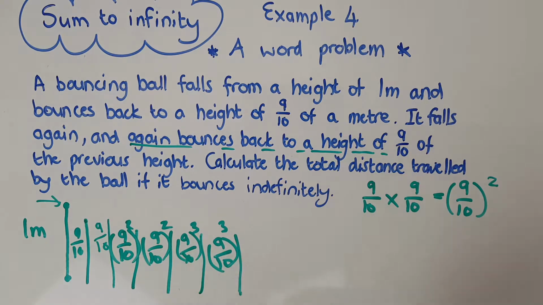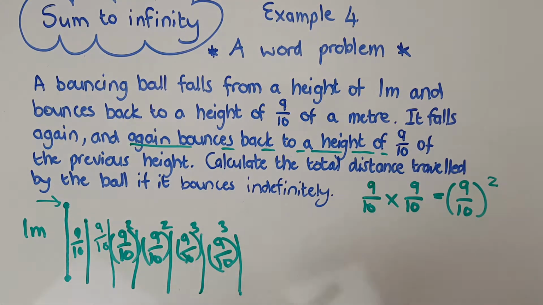I'm making these all look the same, but you know what's happening. So in terms of the distance it's traveling: first 1, then 2 of 9/10, then 2 of the 9/10 squared, then 2 of the 9/10 to the 3, then it'll be 2 of the 9/10 to the 4.